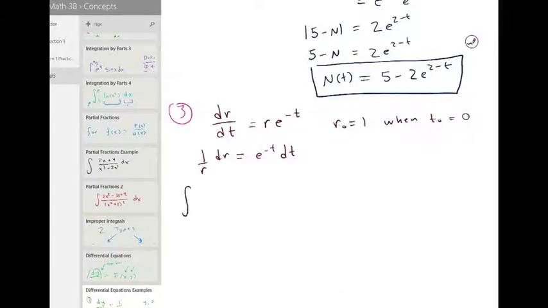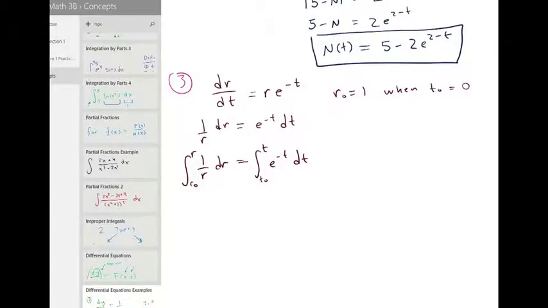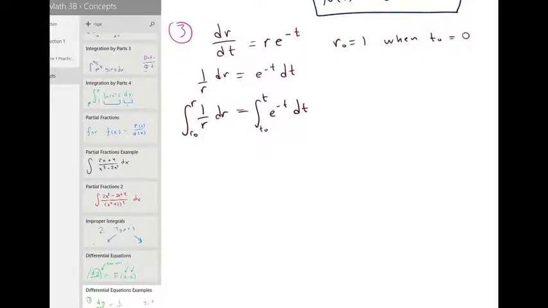And now we can integrate both sides. But instead of doing an indefinite integral like we've been doing before, we can integrate from our initial values, r0 and t0, to our final values, r and t. So now instead of indefinite integrals, we have definite integrals.